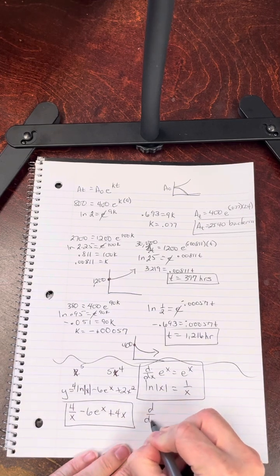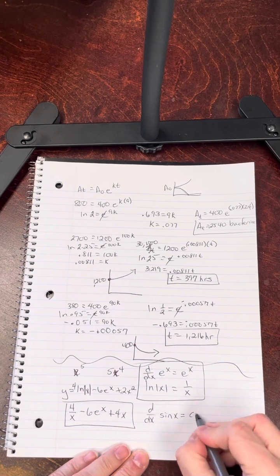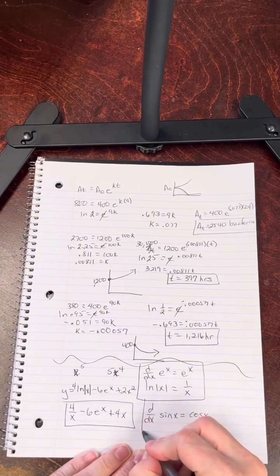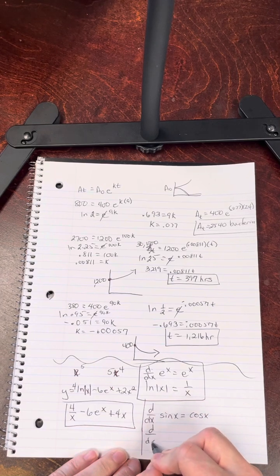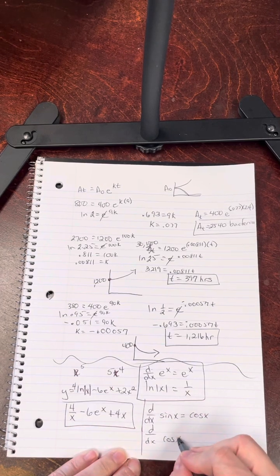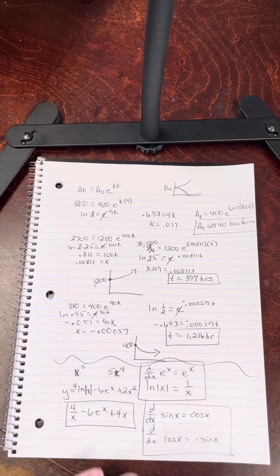So d over dx for sine of x is cosine x, and you basically are memorizing that. And then the d over dx for cosine of x is negative sine of x. And once you memorize those two, that's a huge chunk of the memorized formulas that you need.